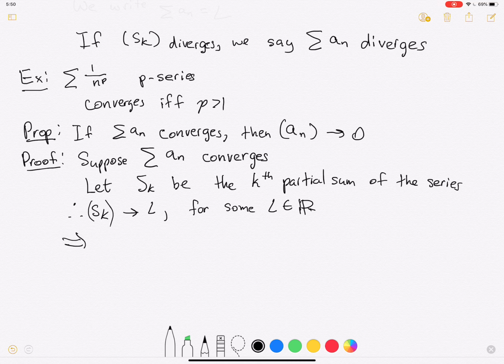This implies that a_n is equal to the nth partial sum minus the (n minus 1)th partial sum, just from how partial sums work. This sums from 1 to n, this sums from 1 to n minus 1. So if you subtract that off, then you only have the nth term, a_n here.